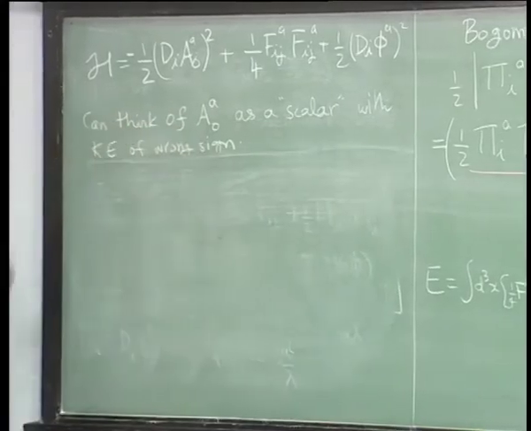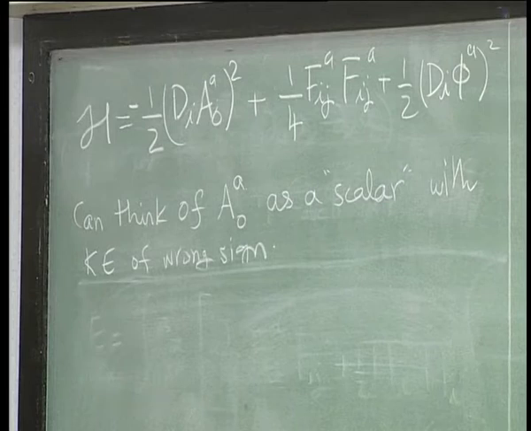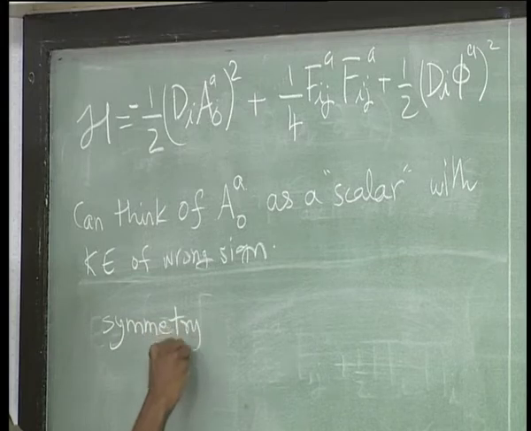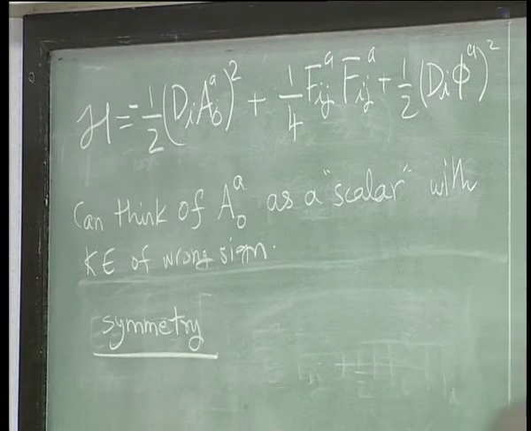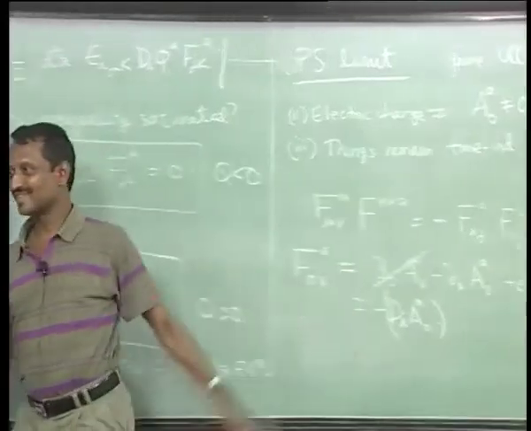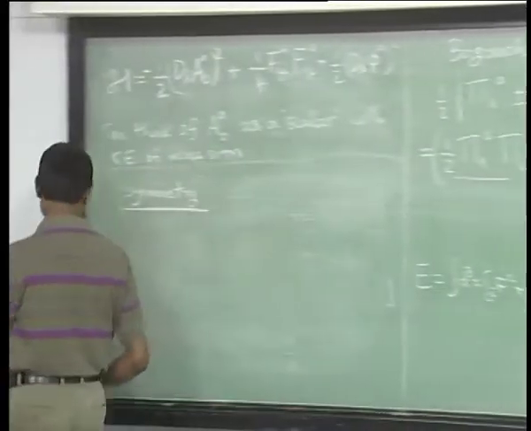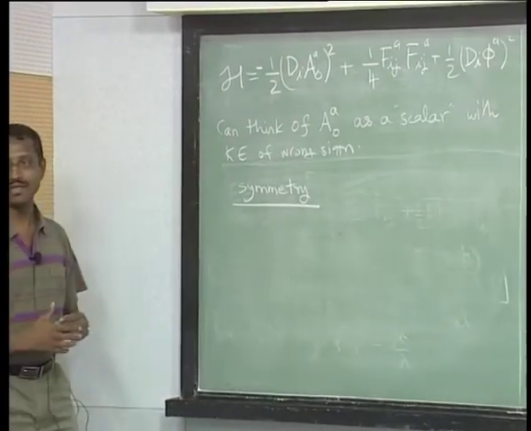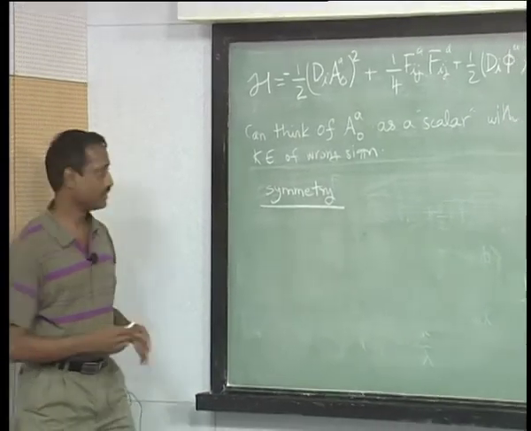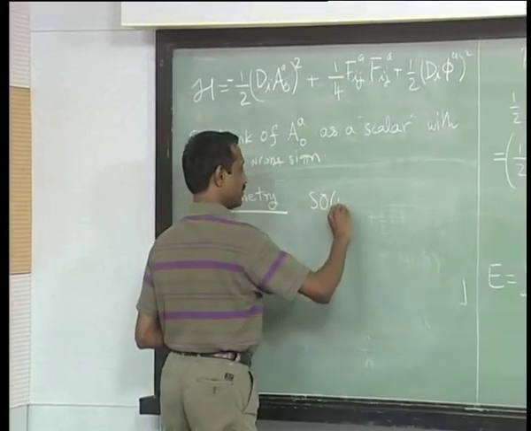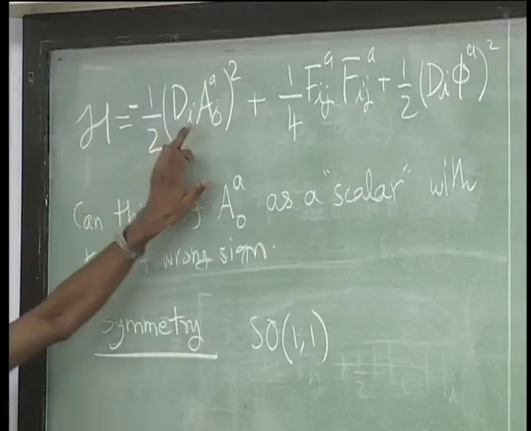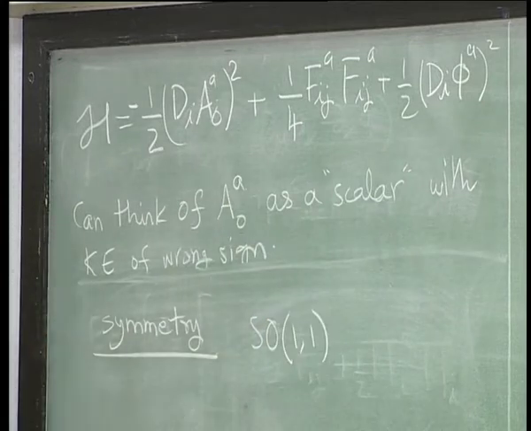Just looking at this, we can see that there is a symmetry of the following kind. We are not looking at the most general configurations, we have all these conditions put in. But in that limit things look rather interesting. I can think of a boost symmetry, an SO(1,1) kind of symmetry, which rotates these two fields. Note both of them are in the adjoint, the same representation, that is very important.